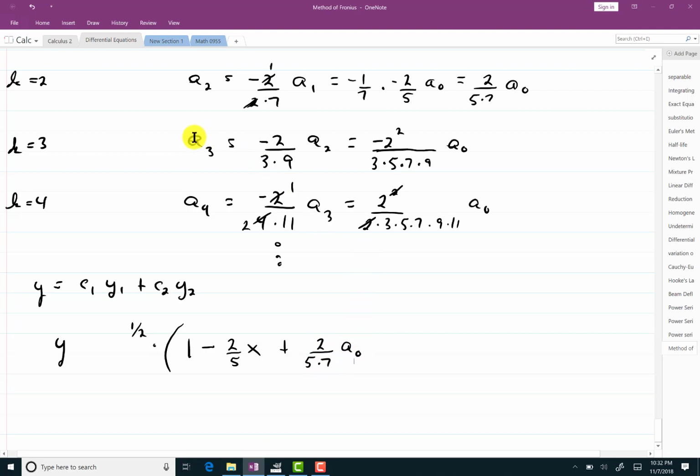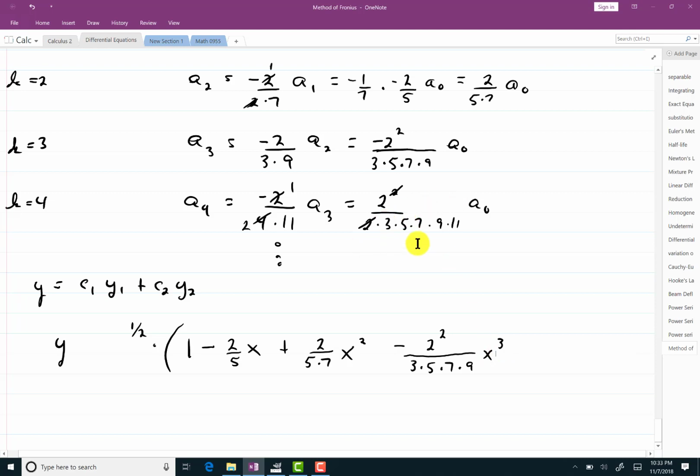And then attached to x cubed, I don't need the a0s in here, that is, the a0, as I mentioned, was accounted for inside, c1 is a0 if we like. A sub 3 is attached to x cubed, that's negative 2 squared divided by 3 times 5 times 7 times 9. And that is attached to x cubed. I think I'll make that a little bit smaller.